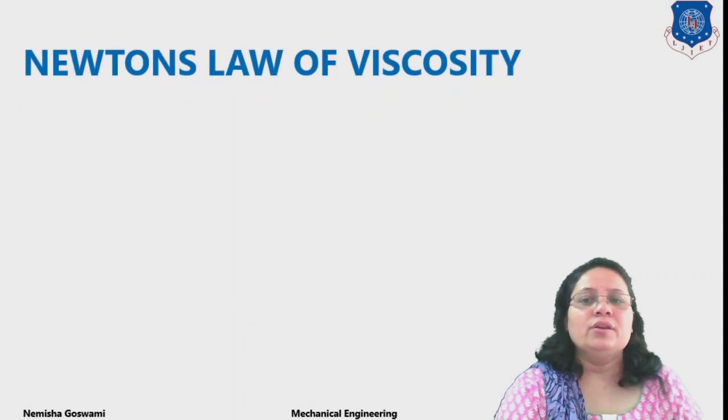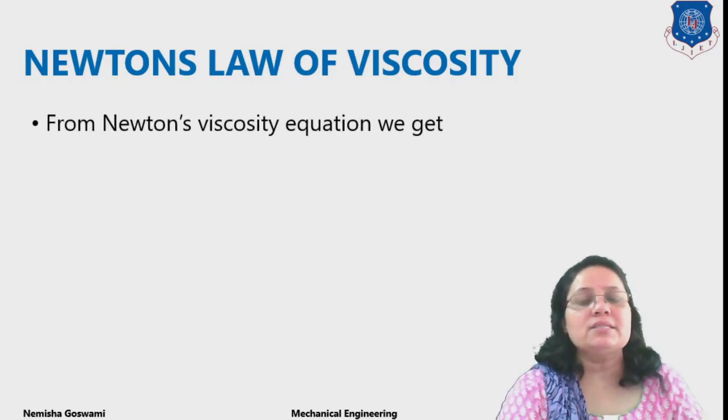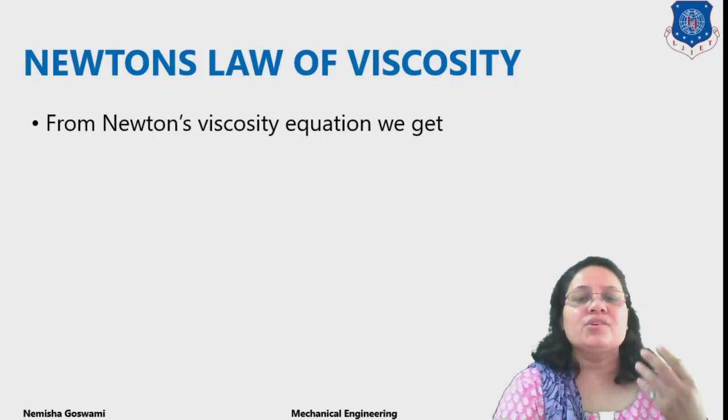Next is Newton's law of viscosity. When we use some lubricant, we have to consider Newton's law of viscosity, because shear stresses will be generated during the operation, right? Newton's law of viscosity states that the shear stress generated is directly proportional to the shear strain.